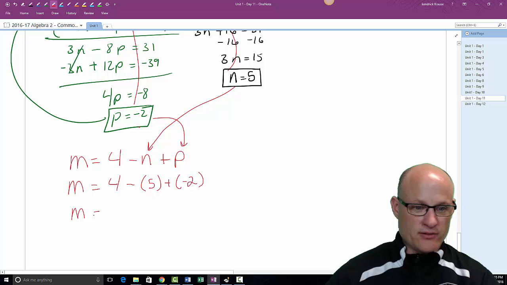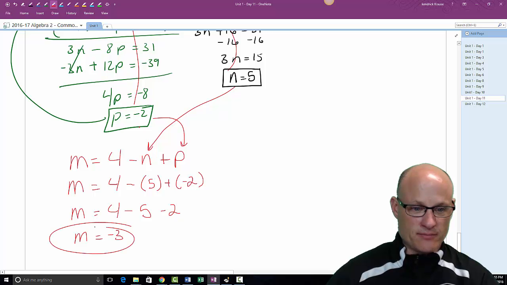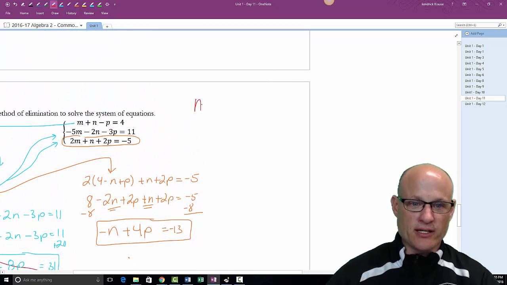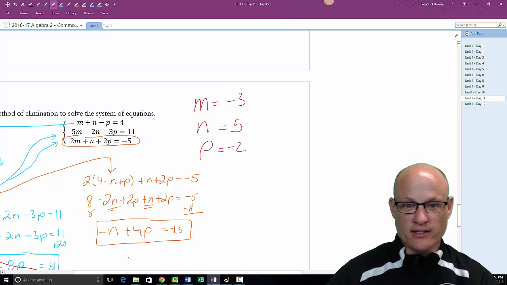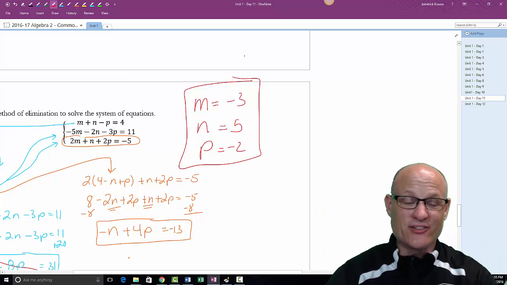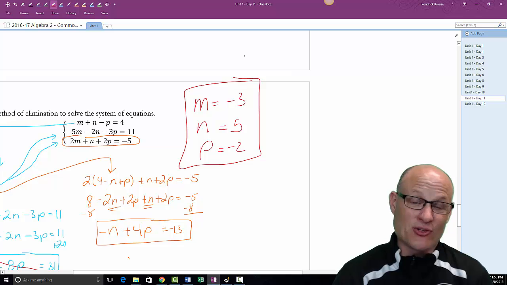So m is equal to 4 minus 5 minus 2. So m is equal to negative 3. Boom, shakalaka, done. So I come back up here and I say, okay, m is negative 3, n is 5, p is negative 2.